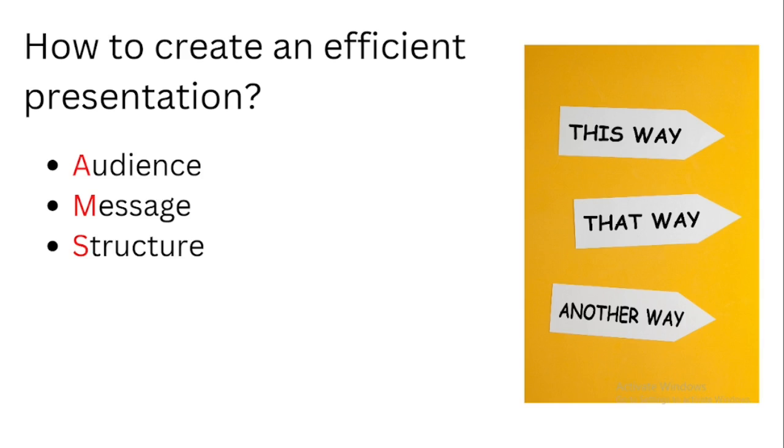Let us understand this with a very good example. First, every audience has a different level of knowledge. You need to understand that first. Just like in marketing, we use a term called target market.